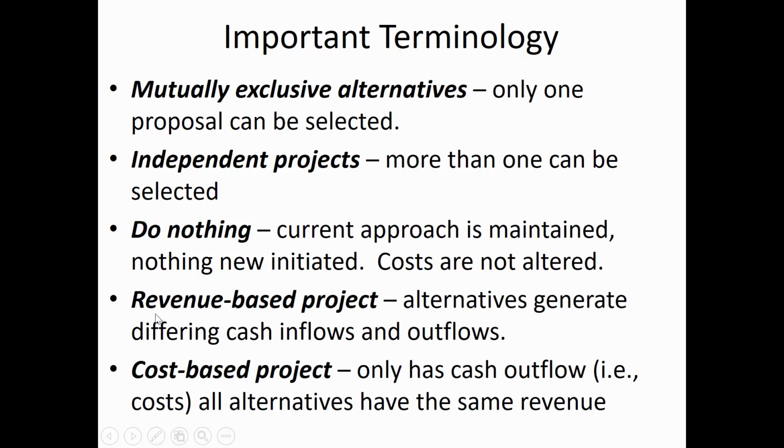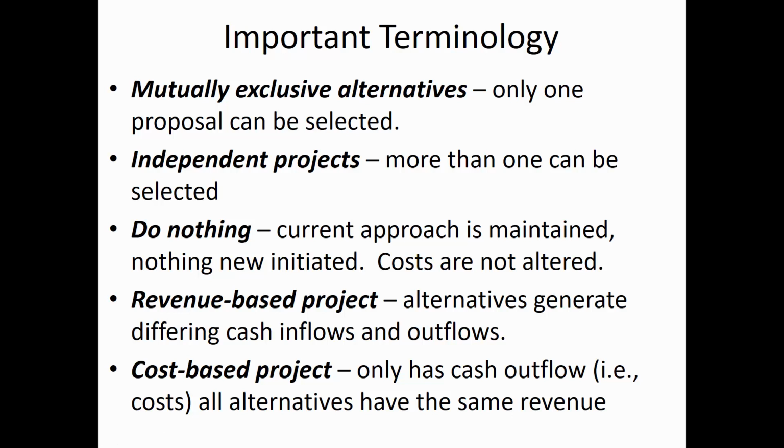And then just to differentiate between revenue and cost-based projects, a revenue-based project is typical of private companies and a few government projects. The West Virginia Turnpike is a rare example of a government project that generates revenue. If you drive on that road, you have to pay a fee. And there are just a handful of government-operated projects like that that actually do turn a revenue.